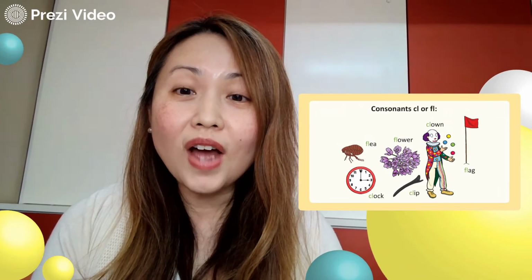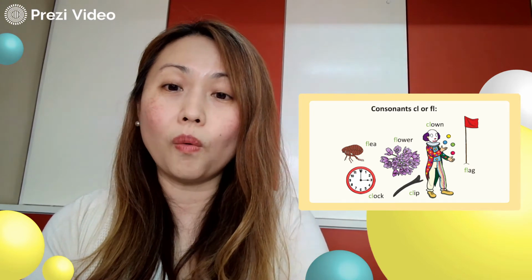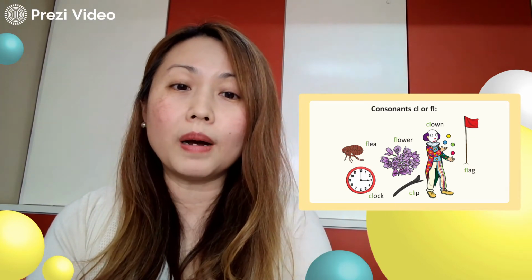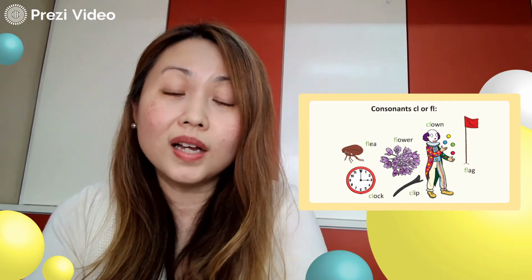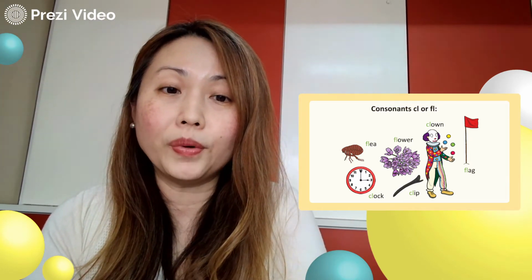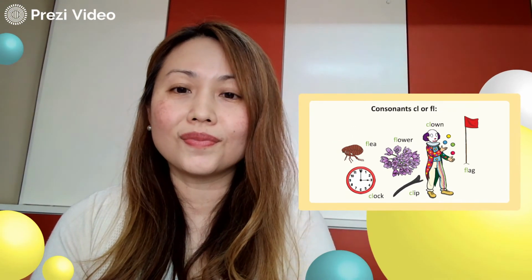A good activity to have would be your child creating or trying to come up with which consonant would fit into the word. So for example, they would choose either it's a consonant kl or fl for these visuals. Here's another example.